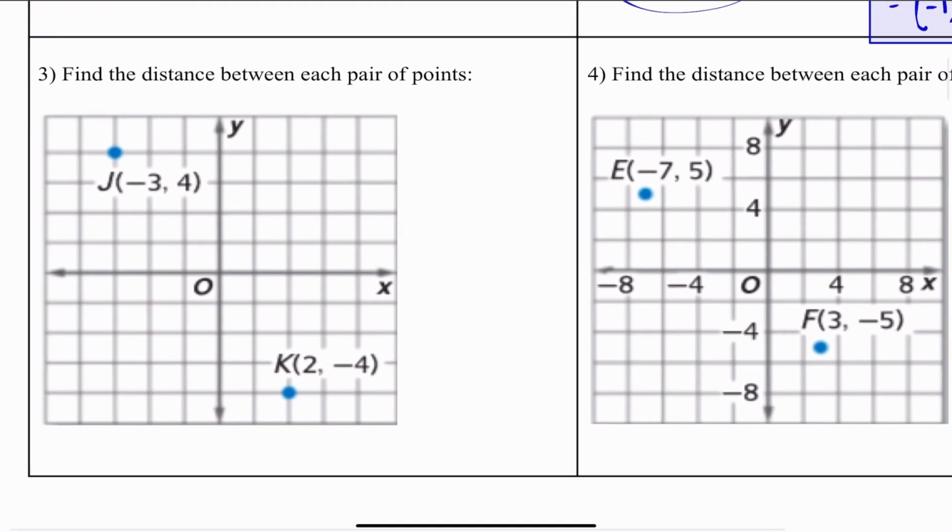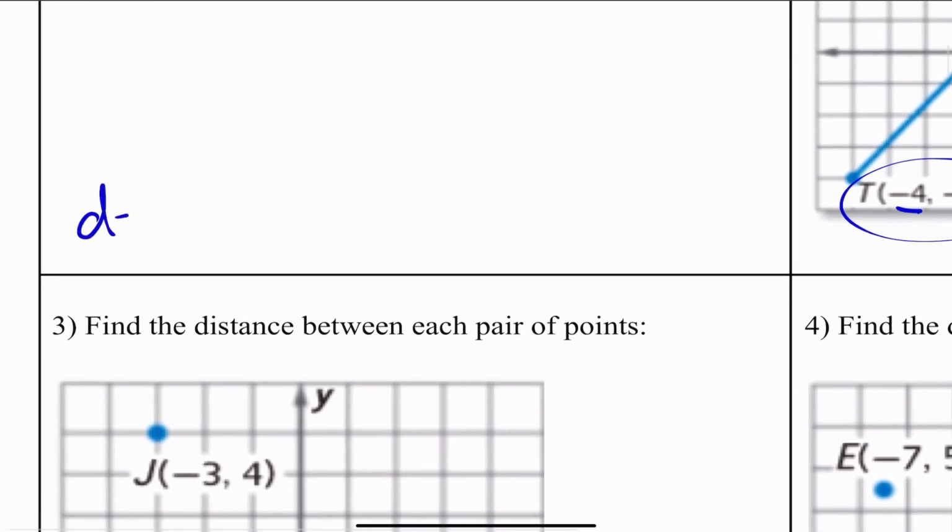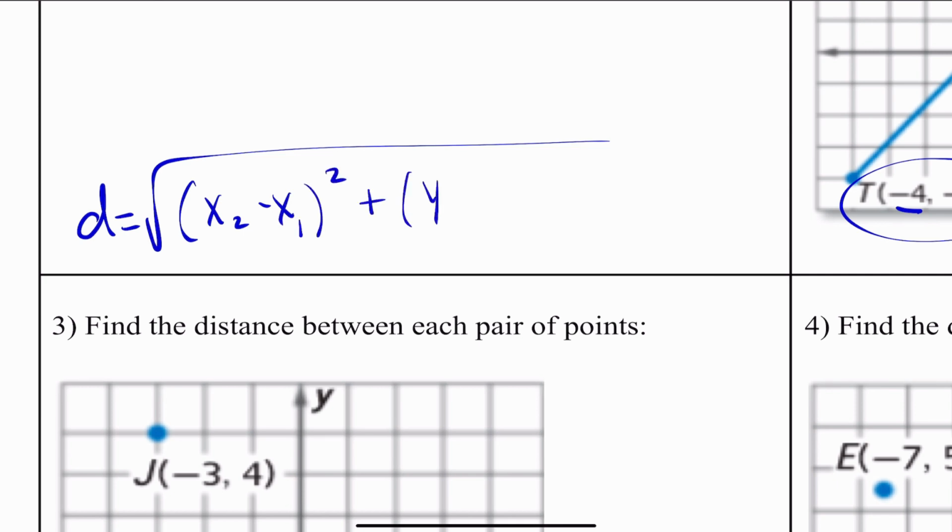Alright, number 3, find the distance between each pair of points. So what is the distance between these 2 points? So remember, the distance formula is d equals the square root of x2 minus x1 the quantity squared plus y2 minus y1 the quantity squared.